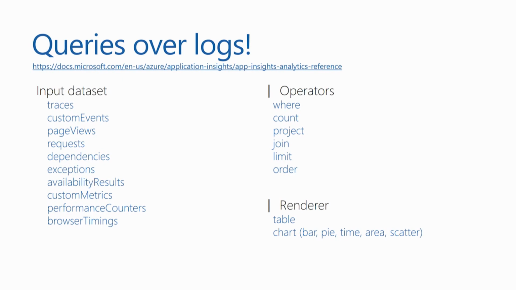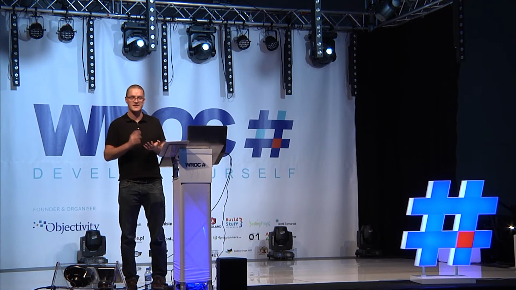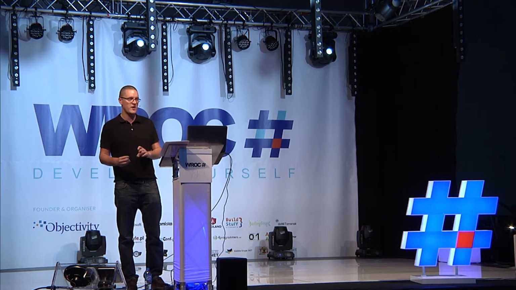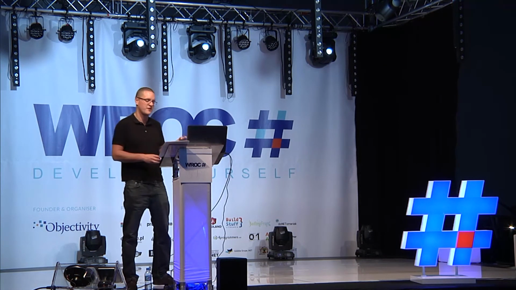The queries that you can run are based on a data set. So like I said, there's a number of dimensions that you are sending off to Application Insights, like traces, like the custom events we just saw, like page views, like requests, exceptions, etc. I can use those as input for my query. It's like select from, and this would be your table that you are selecting from.